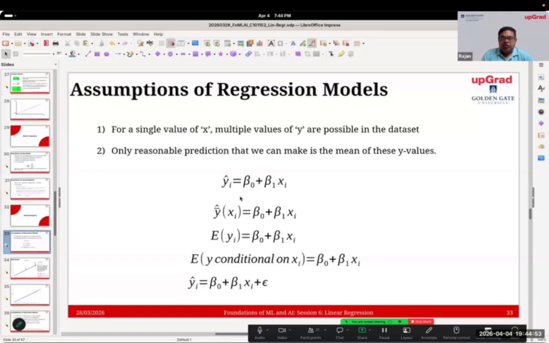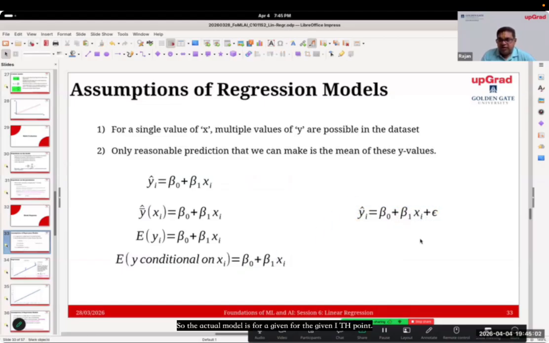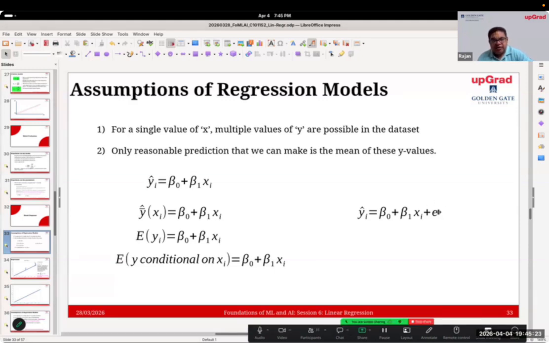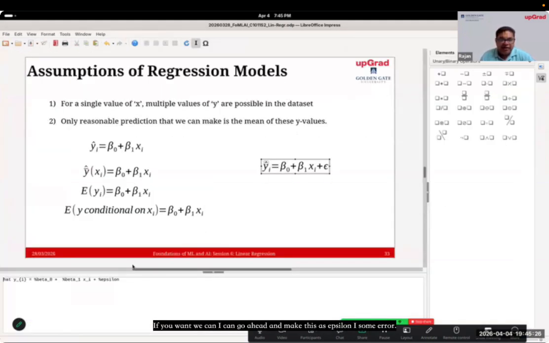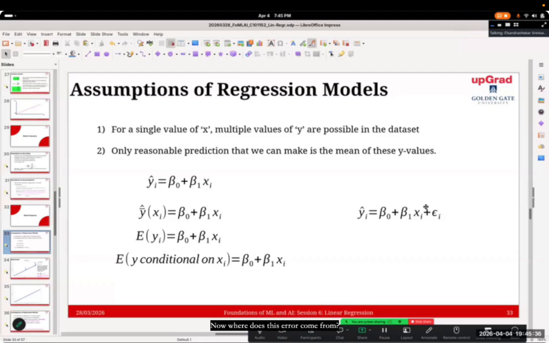For the ith point in my data set, the predicted value is yi hat, which is the expected value, plus some error. If you want, I can make this epsilon i, some error. Now, where does this error come from?